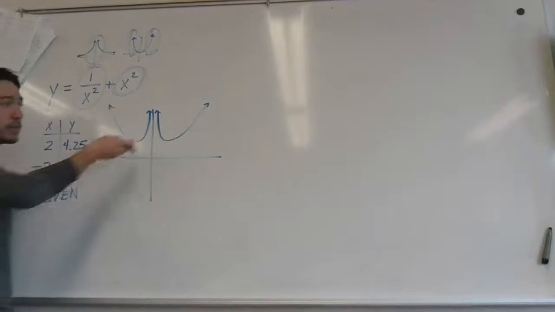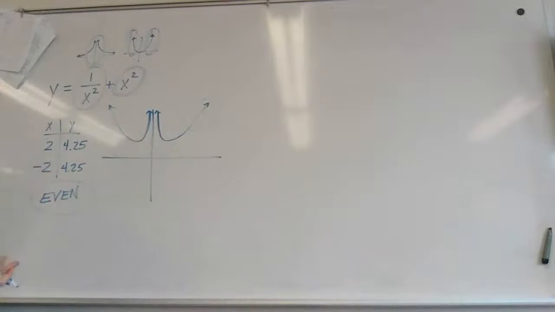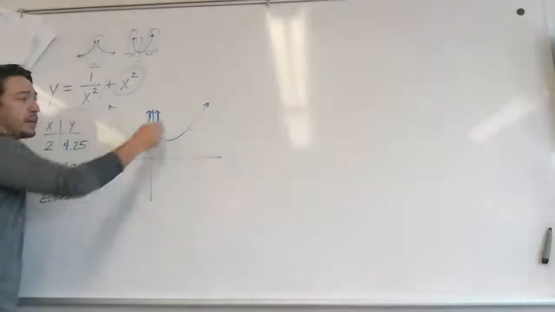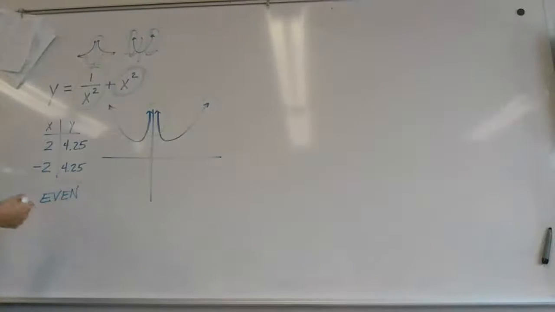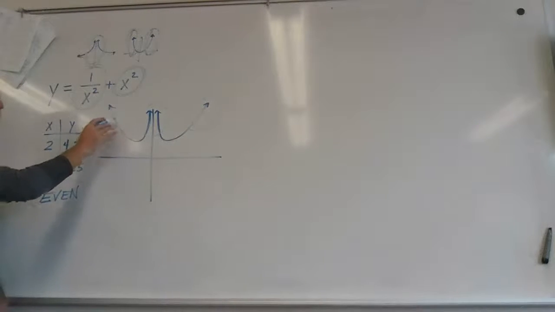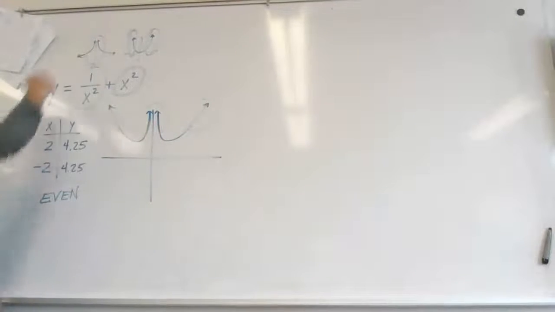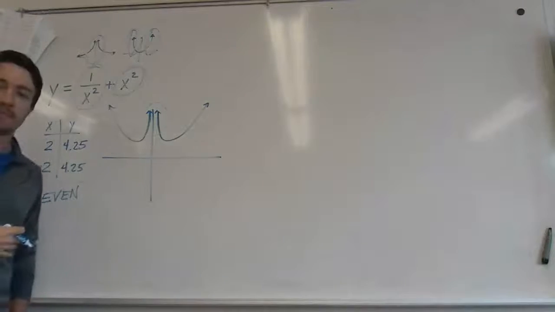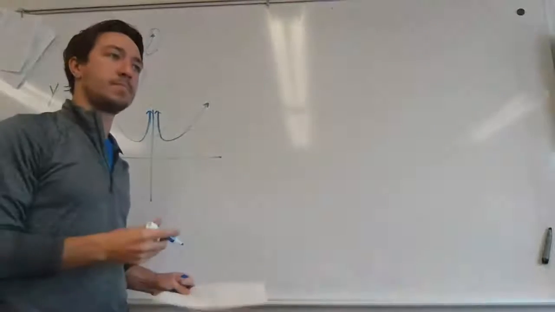For very small values, you say, wow, this function looks a lot like 1 over x squared. I like to think of it as a parabola that kind of inherited the asymptote from the 1 over x squared. All right, how do you feel about that, guys?